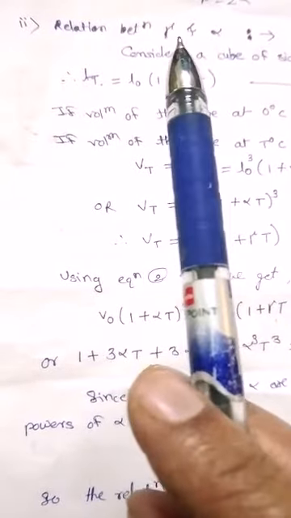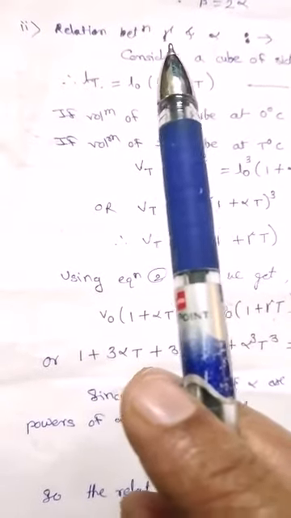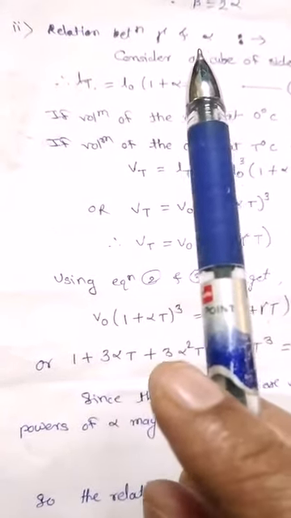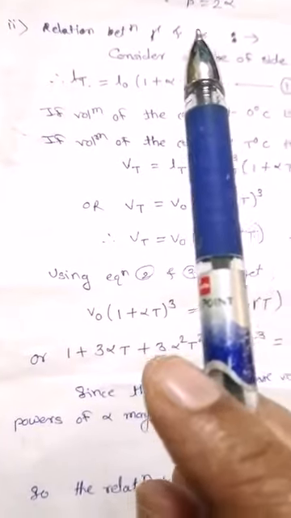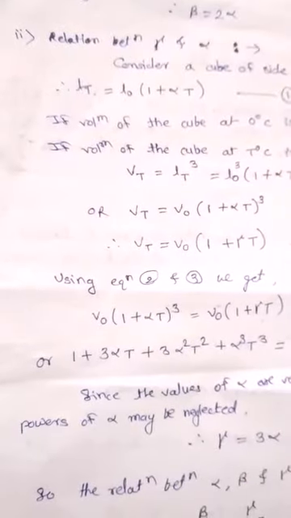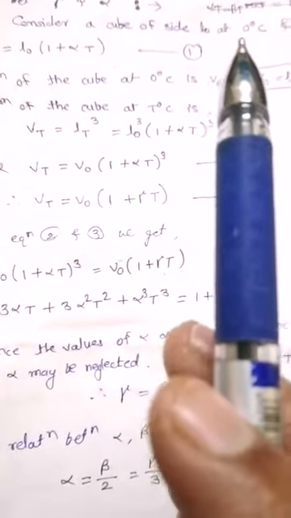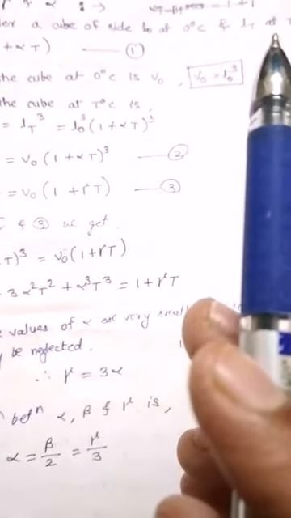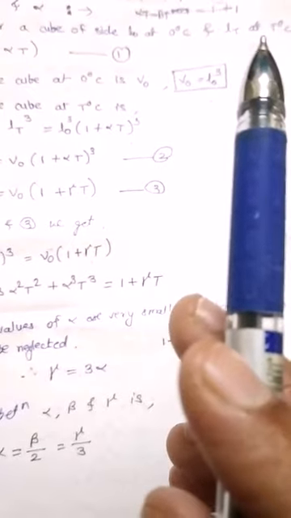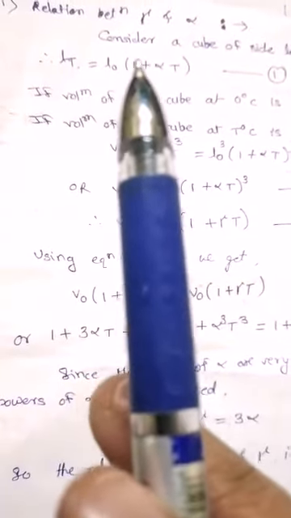Gamma means the coefficient of volume expansion, and alpha means the coefficient of linear expansion. Consider a cube of side L0 at 0 degrees Celsius and LT at T degrees Celsius. Therefore LT is equal to L0 (1 plus alpha T). This is equation number 1.